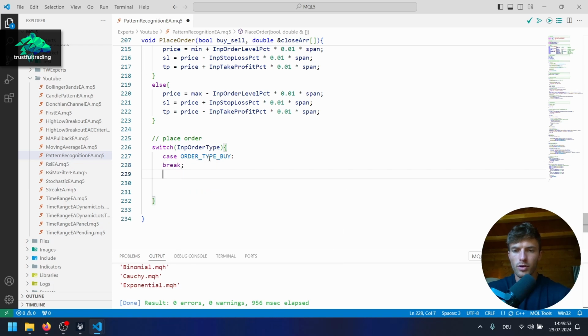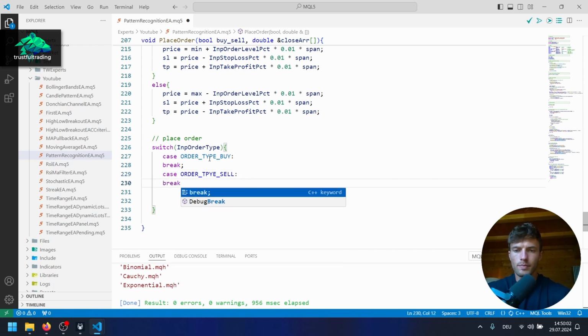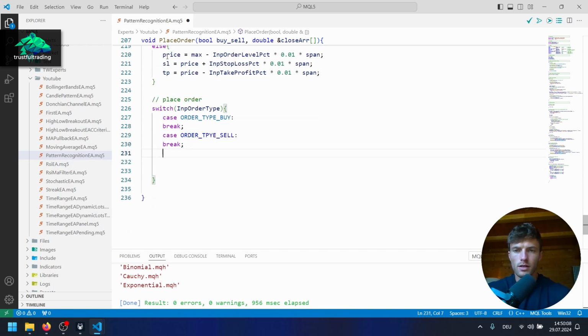Here we just add a break statement to the next case, order type sell, because with a direct market order, it's a little bit different. And we don't actually need the price level here, of course. We just use the current price. So we will do this in the end.